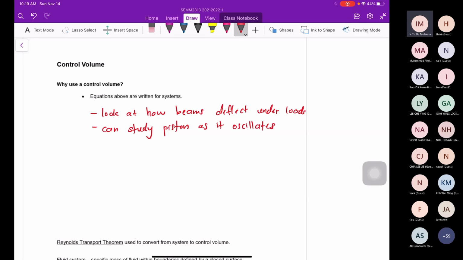The reason we use the control volume is because we need to convert from the system to the control volume.